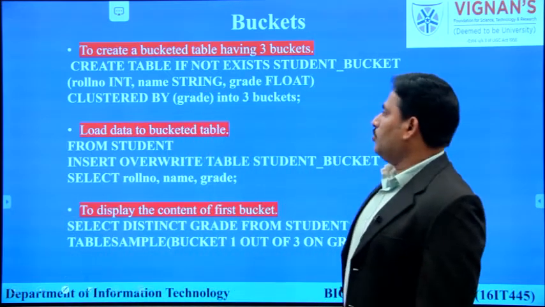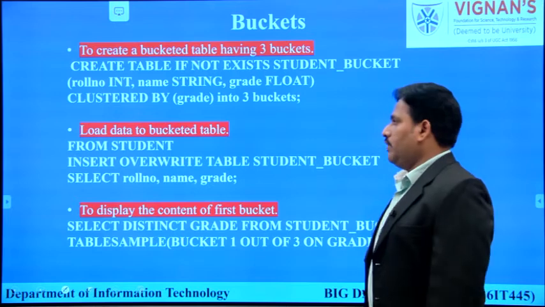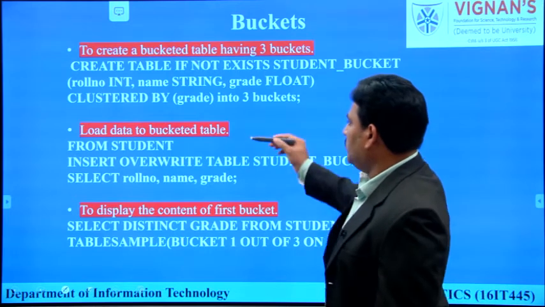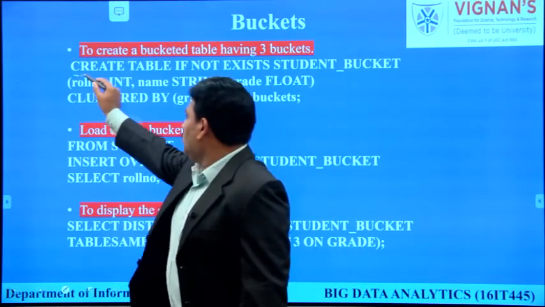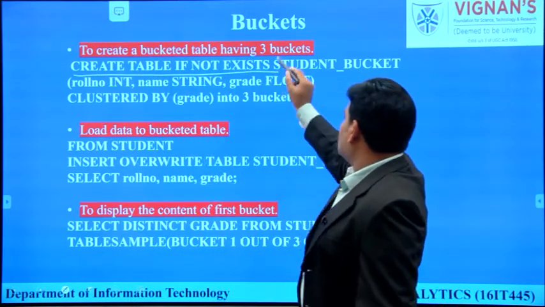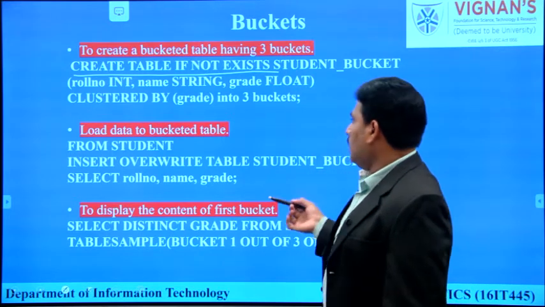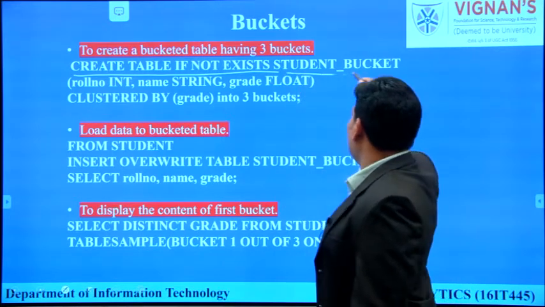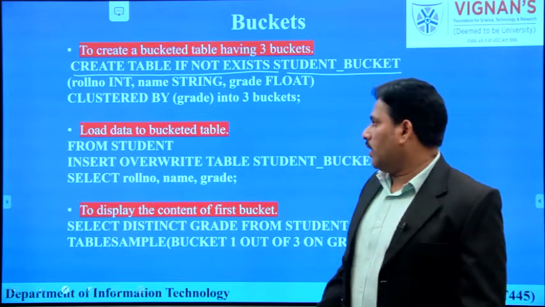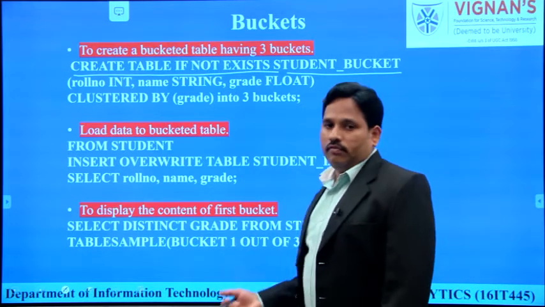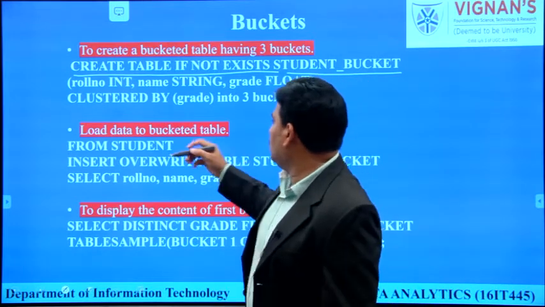Now we will see how to create a bucket in the Hive environment. The syntax is the same: create table if not exists. These are the default keywords. And what is the bucket name we are creating? The bucket name is student underscore bucket. And what are the columns we are allowing in the bucket?